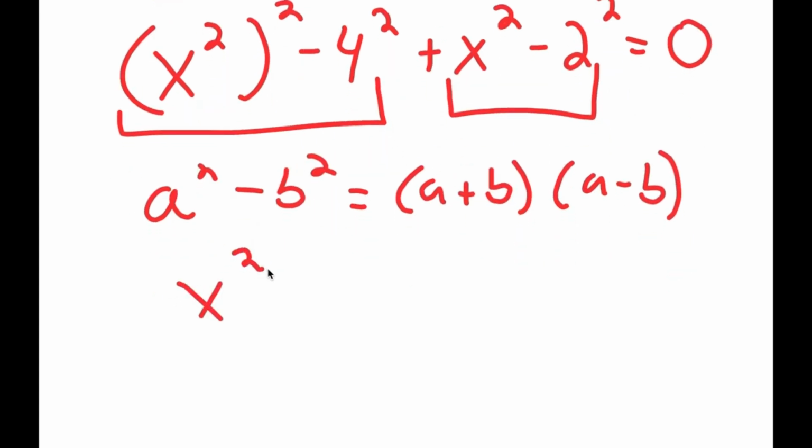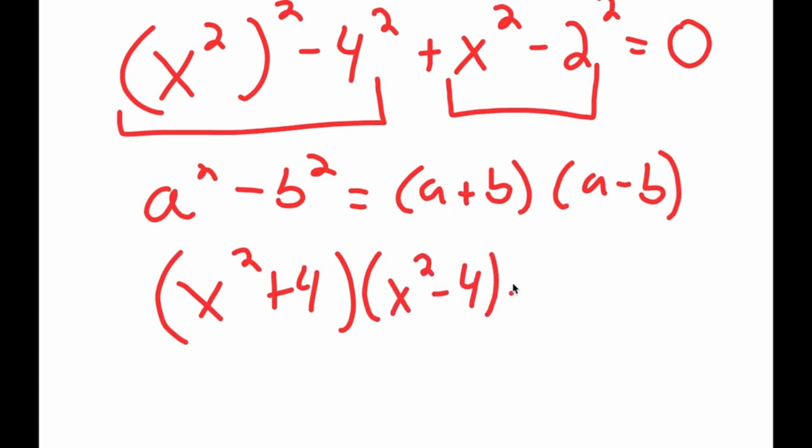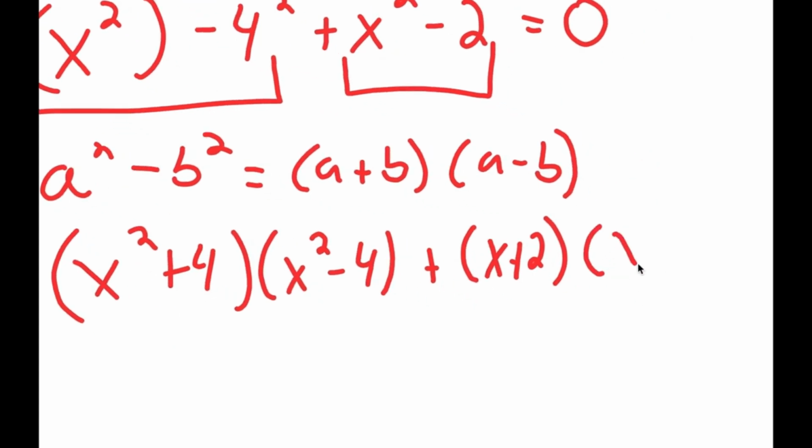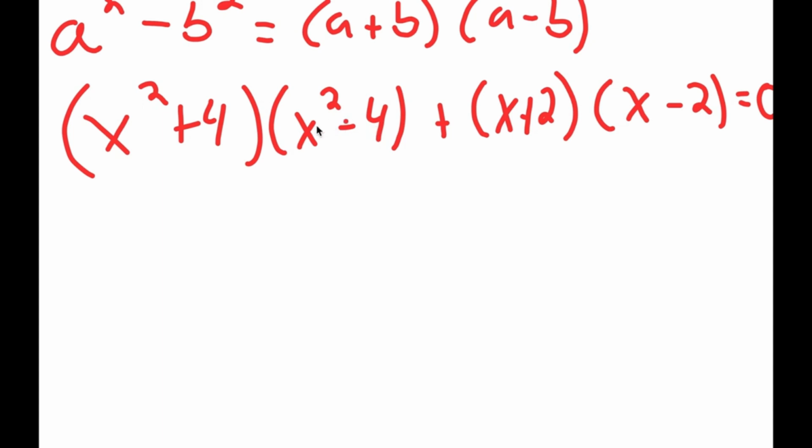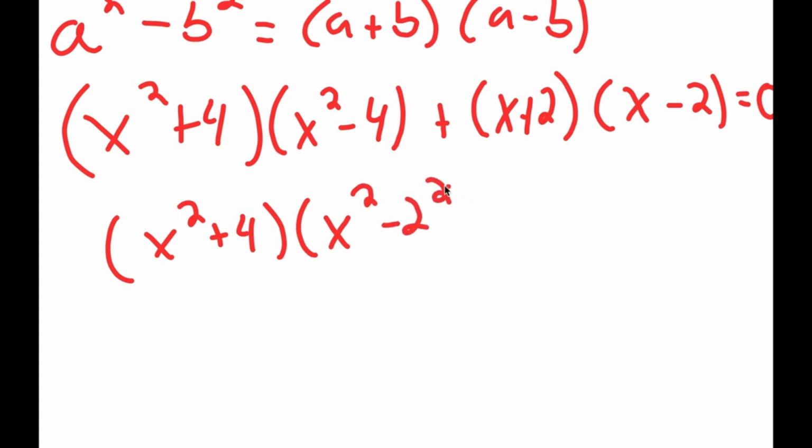So I first get x squared plus 4 times x squared minus 4 plus x plus 2 times x minus 2 is equal to 0. Now we can use this property again on x squared minus 4 by rewriting as x squared minus 2 squared. So that's going to equal x plus 2 times x minus 2.